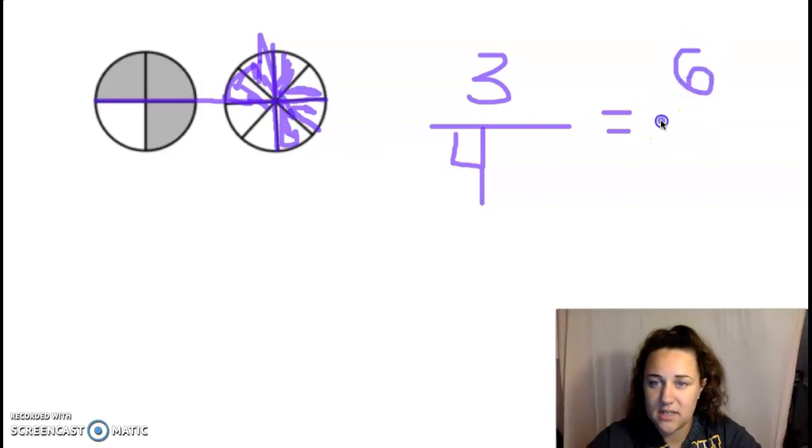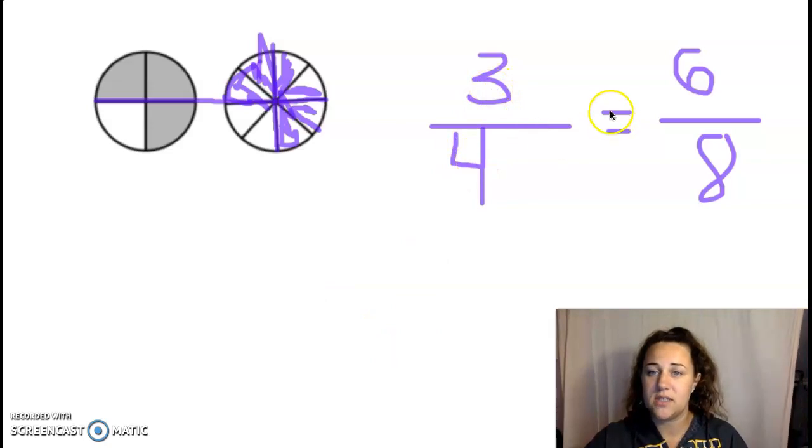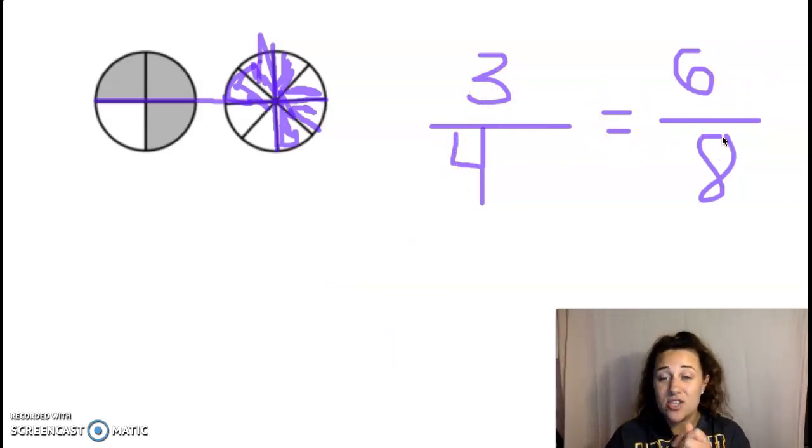I colored in 6, that's my numerator. Out of how many altogether? 1, 2, 3, 4, 5, 6, 7, 8. Out of 8 altogether. Right, so I have 3/4 is equal to 6/8. Same thing like we just did, but we did it now in a circle, right? Easy peasy.